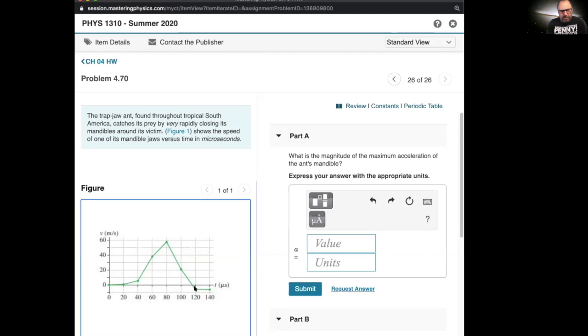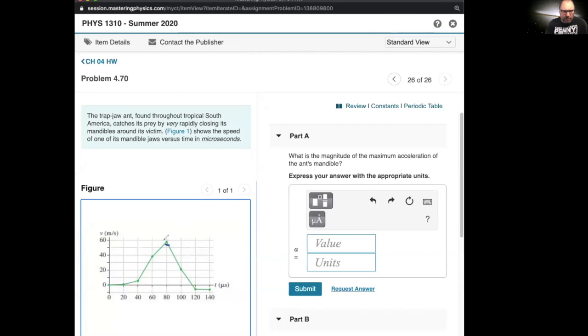Here, it looks like that's about maybe 25. So definitely not as big as right here. This is the steepest part. So if I find my acceleration, I will draw some points.